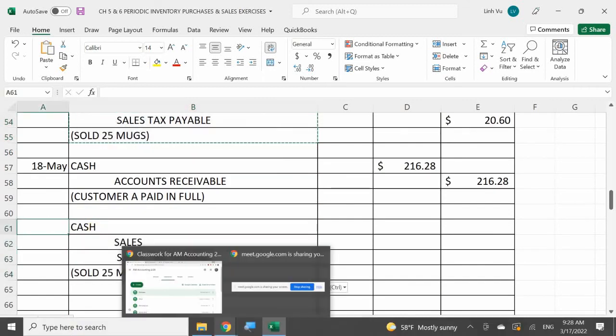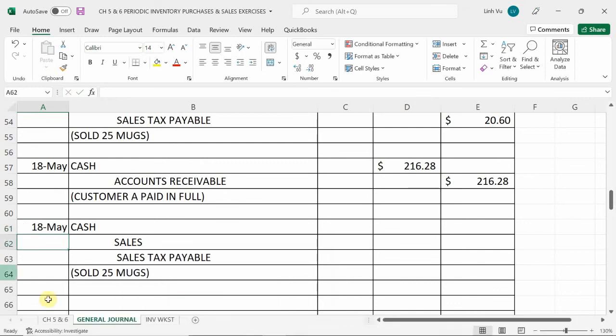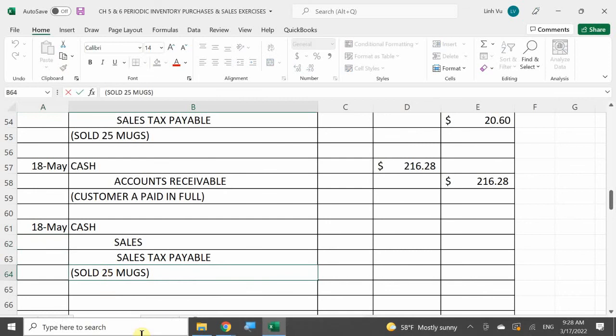Accounts receivable. Not accounts receivable. We sold it for cash. Oh. Cash. Okay. So therefore, we received cash for the sales. Now in this case, I sold 50 mugs.